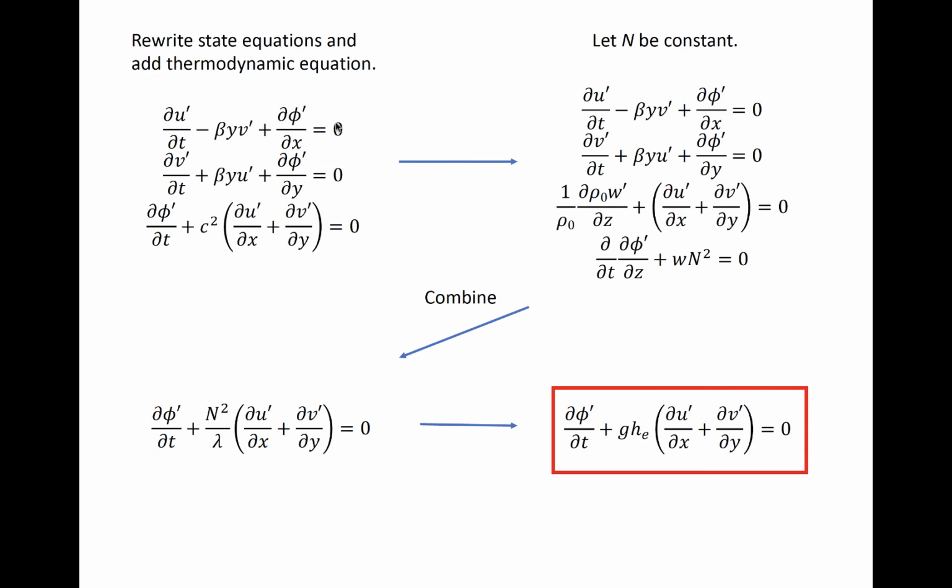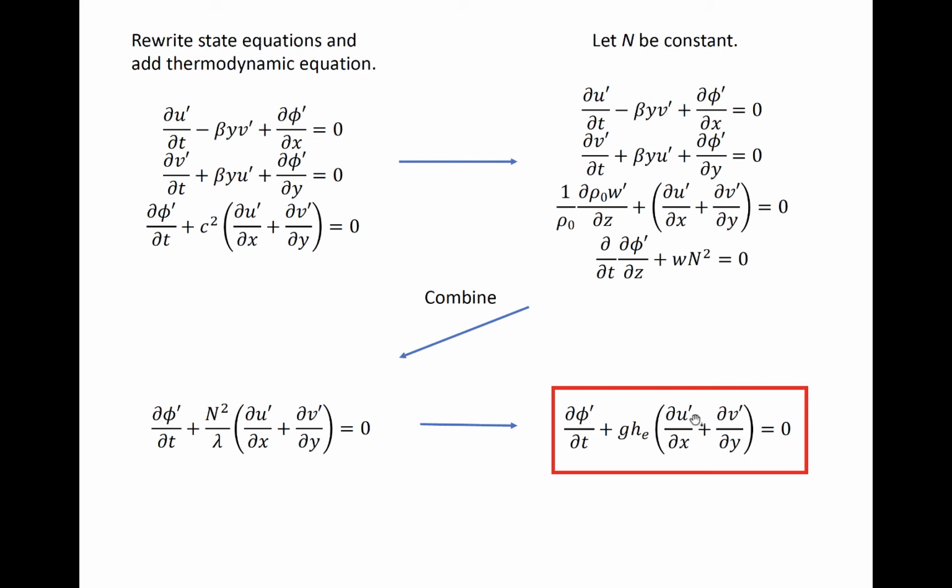We can combine our horizontal momentum equations, the mass continuity equation, and the thermodynamic equation to get an expression for how geopotential changes as a function of divergence in the wave. The vertical gradient of geopotential, or the thickness, is proportional to the temperature, and so no diabatic heating is included in the thermodynamic equations either, as denoted by this 0.